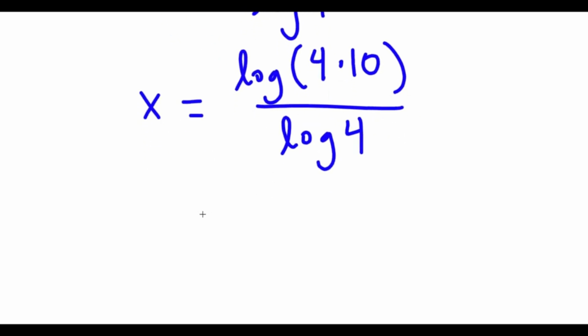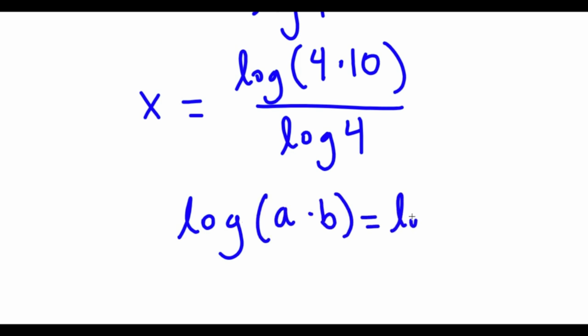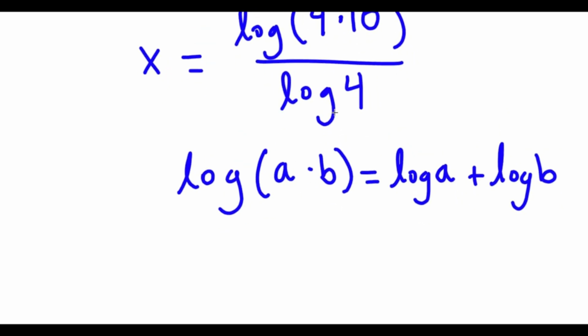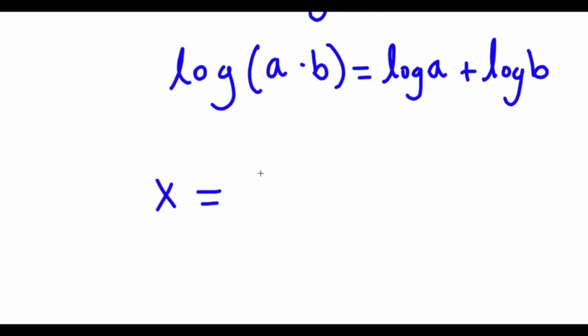And now if I have something in the form log a times b, this is equal to log a plus log b. So in this case, I have log 4 times 10. So this is equal to log 4 plus log 10.